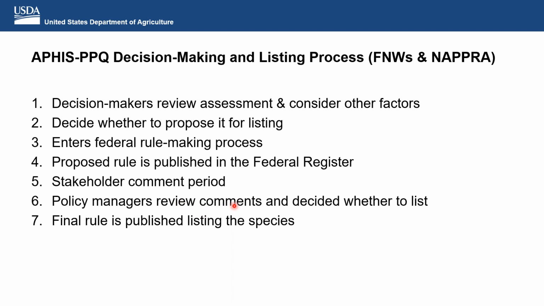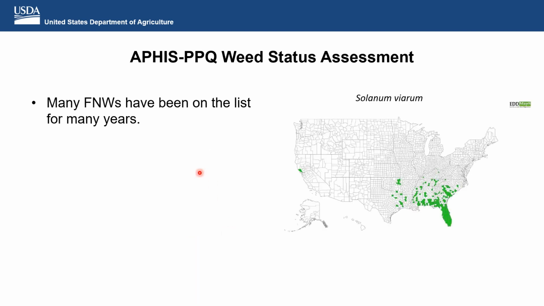Then we review the comments and decide whether or not we should proceed with listing based on the comments we get from stakeholders. If we do end up listing it, then the final rule is published saying why we listed it and how we felt about the stakeholders' comments, if there were any.